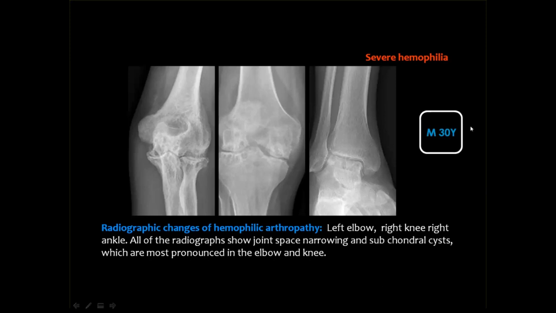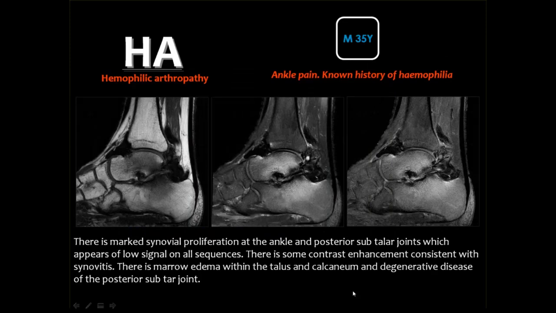In this patient with severe hemophilia there is affection of the elbow, affection of the knee, and affection of the ankle joint. The changes are much more severe in the elbow and in the knee joint. And on MRI, as I have mentioned before, you may get multiple extremely low signal lesions within or along the periphery of the joint.